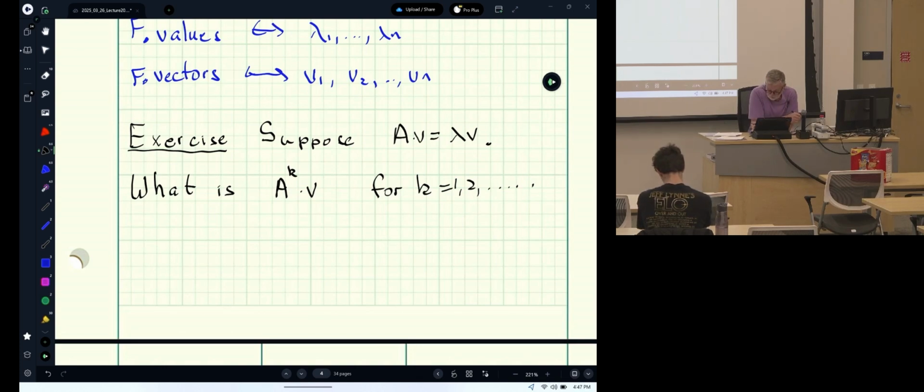You might start with k equals 2 to get yourself on a roll. k equals 1 is easy, it's lambda v.